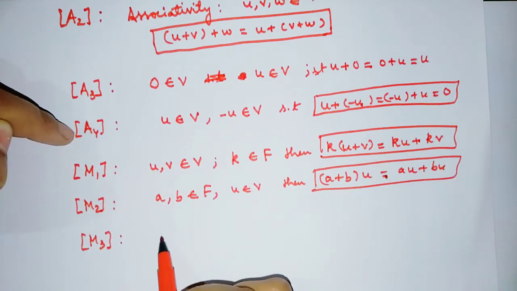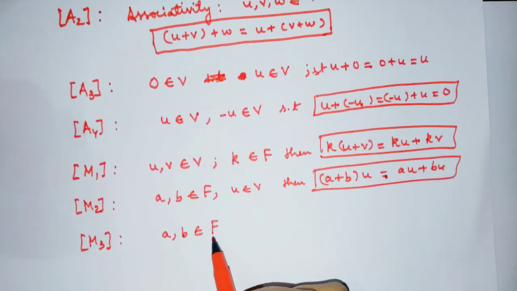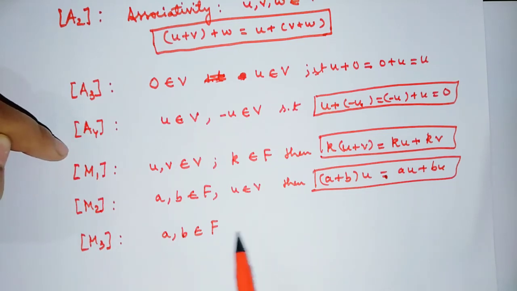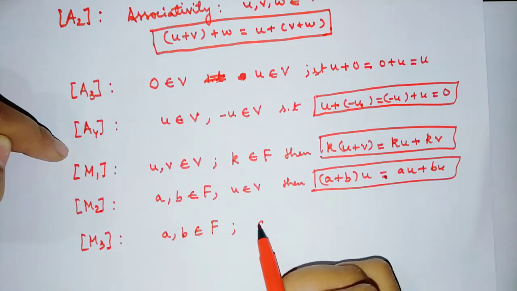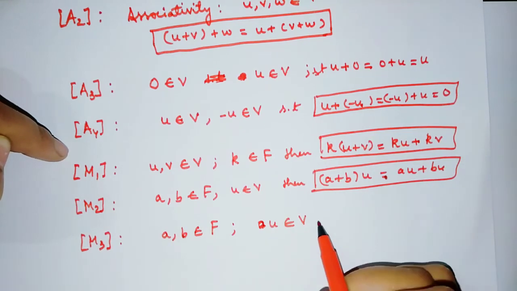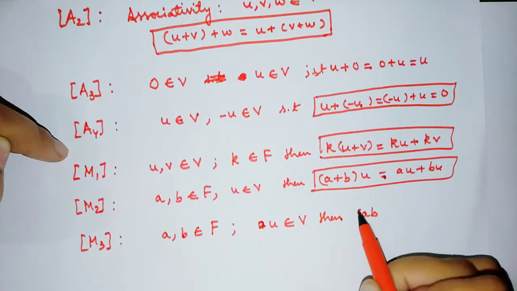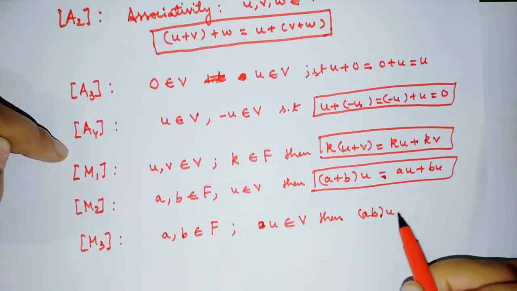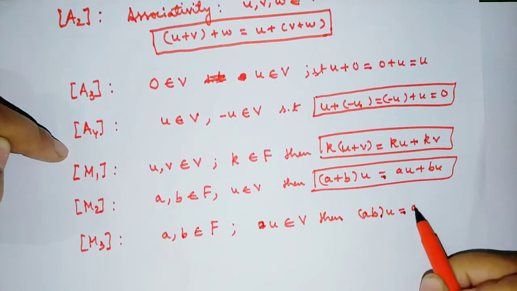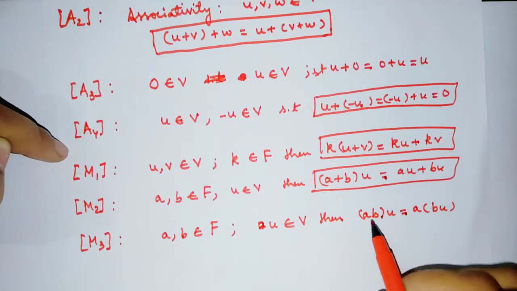Now in M3, take two scalars from F, F is a field, okay? And take one vector u from V. Then multiply these two scalars with the vector. It should equal a(bu).